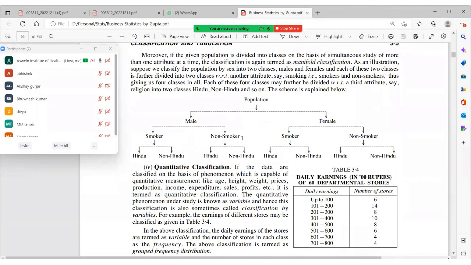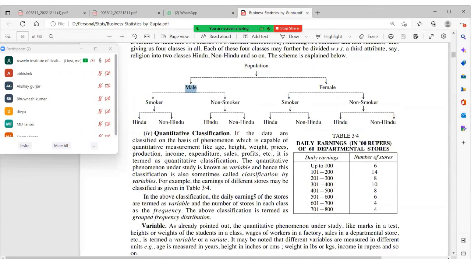Or we can further divide into male, female, then smokers, non-smokers, in female smokers, non-smokers. Further, Hindu, non-Hindu, and so on. This is qualitative classification.